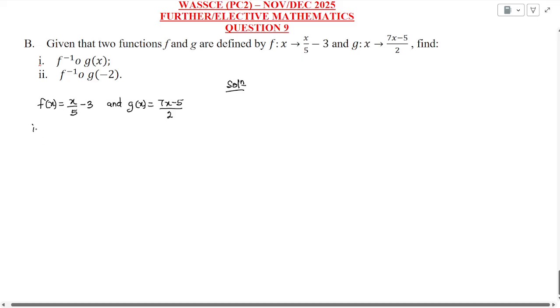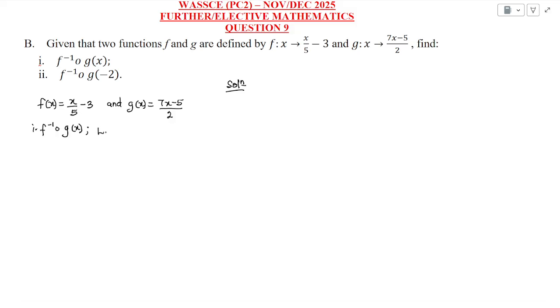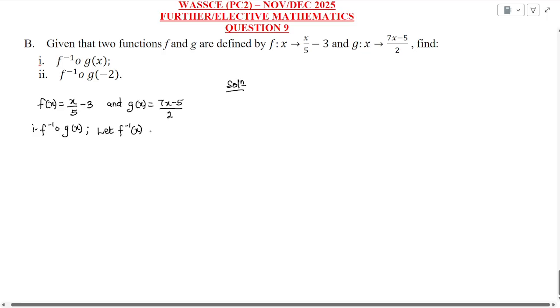The first question says we should find f inverse of g of x. First and foremost, we have to find out what f inverse of x is, or the inverse of f. So we are going to let the inverse of f, which is f inverse of x, be equal to y, right?